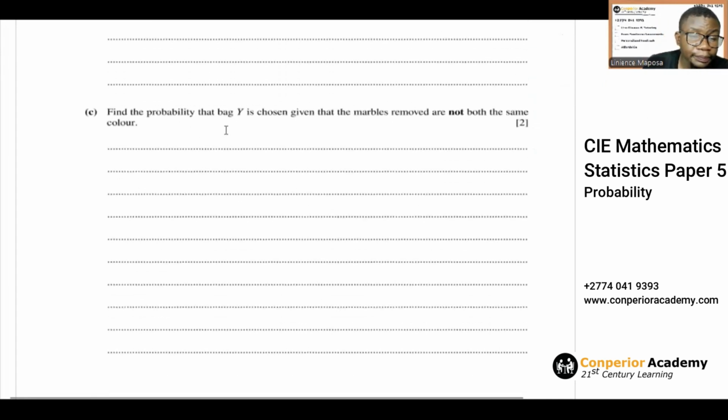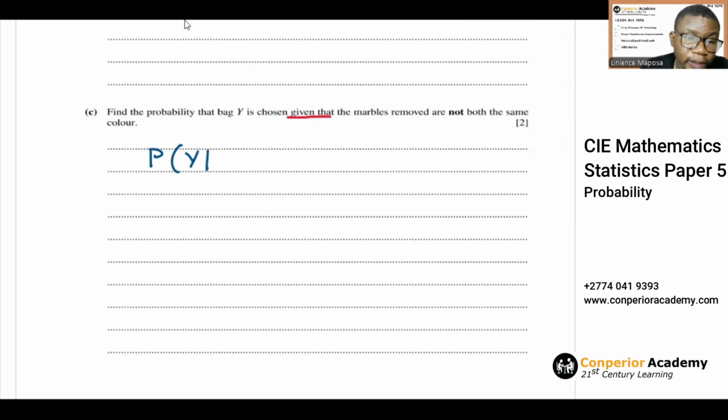Find the probability that bag Y is chosen given that the marbles removed are not from the same color. Okay, this is important: given tells me that this is a conditional probability. So I have to read the question again. The probability of choosing Y, given that the marbles removed are not the same color.